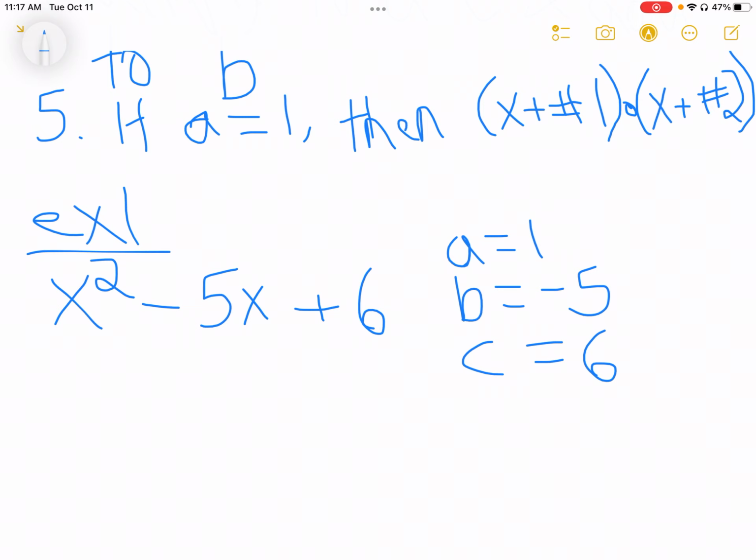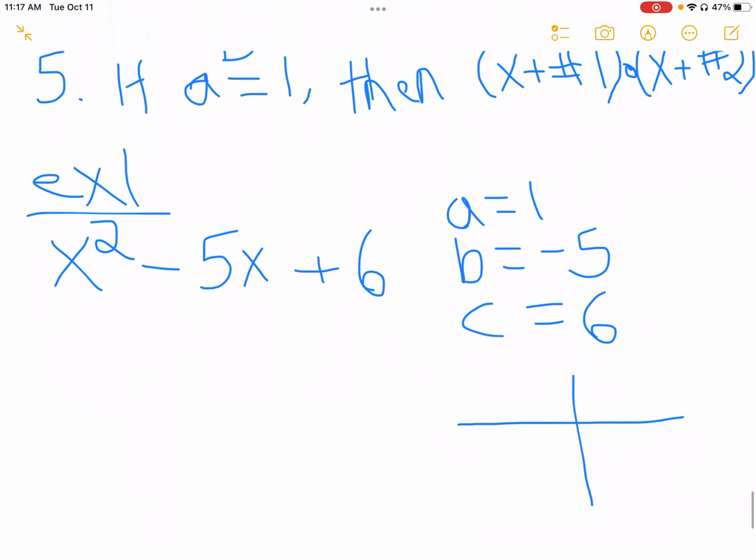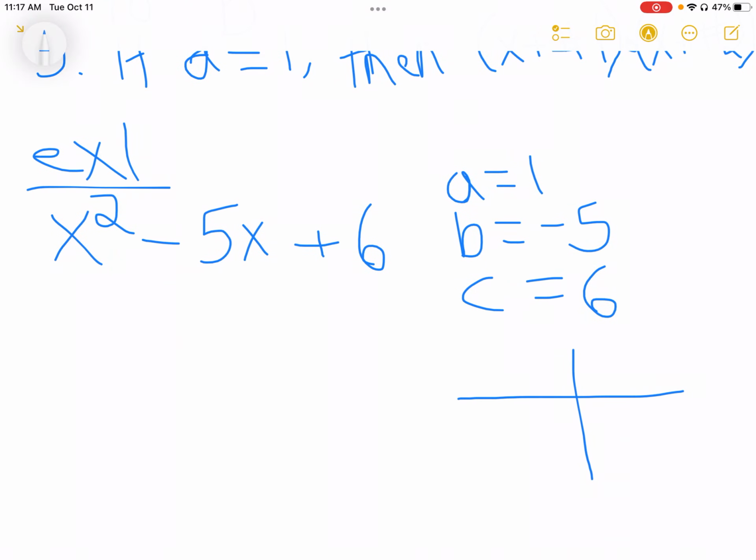You guys have done this before, but this is a refresher. Then I find two numbers that multiply to a times c, and they add to b. One thing I like to do in my chart is I put "multiplies to" and then "adds to."